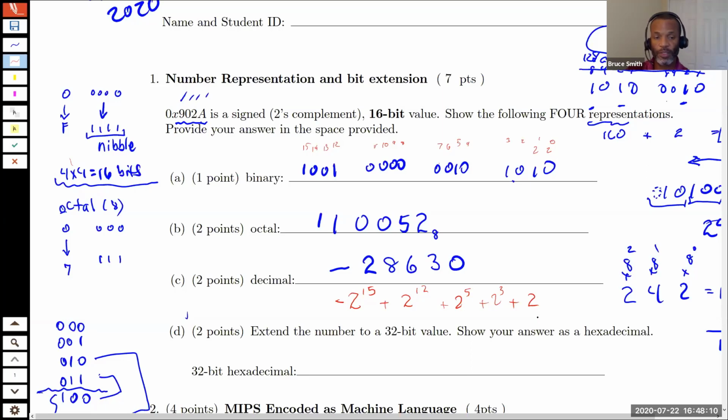So that's the reason why I didn't go the long way with the standard invert the bits and add 1. I think this method that I've just shown you is far easier when you have this many zeros. You can do either one, whichever seems easier.